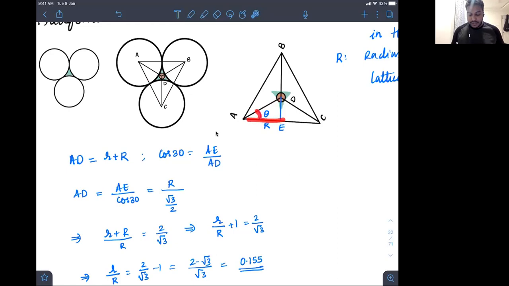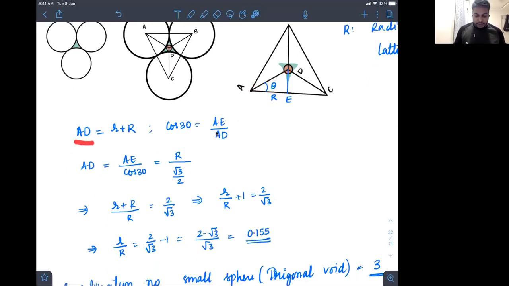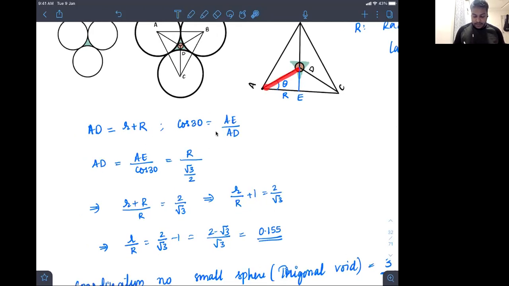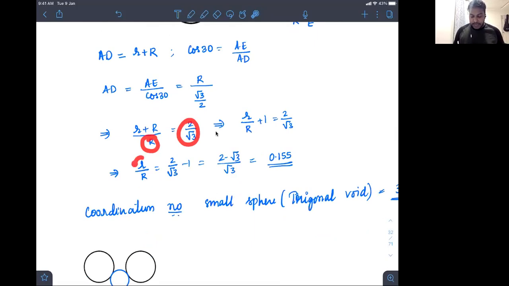And this is cos 30. So I'll get to know what is this distance. So you can see AD, which is small r plus capital R, and cos 30, which is AE by AD. And AD here is equal to AE by cos 30, and AE is R, cos 30 is root 3 by 2. So we found it as (r plus R) divided by R is equal to 2 by root 3. On solving, I will get the small r by capital R is equal to 0.155.